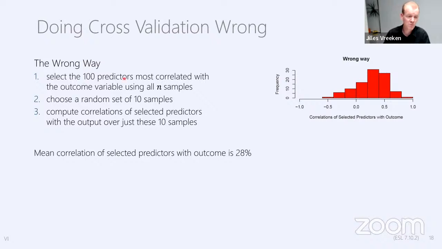This is because we selected those predictors over all data. So of course, it would be very strange if we selected these 100 predictors that are most correlated over all samples, and then we managed to randomly select those 10 under which they are not correlated. That's not going to happen. There's going to be a positive bias. So the mean here is 28%.